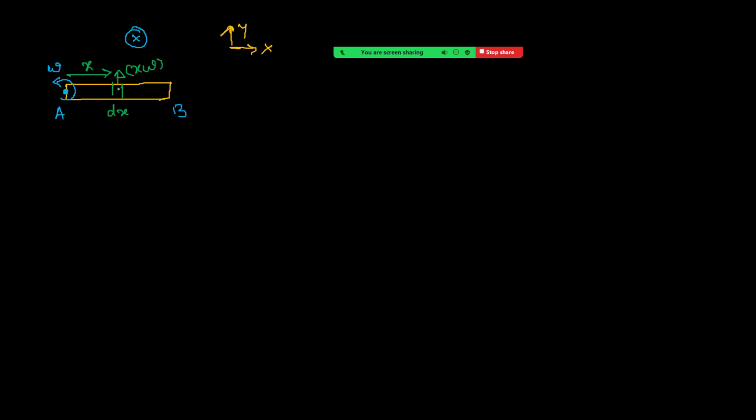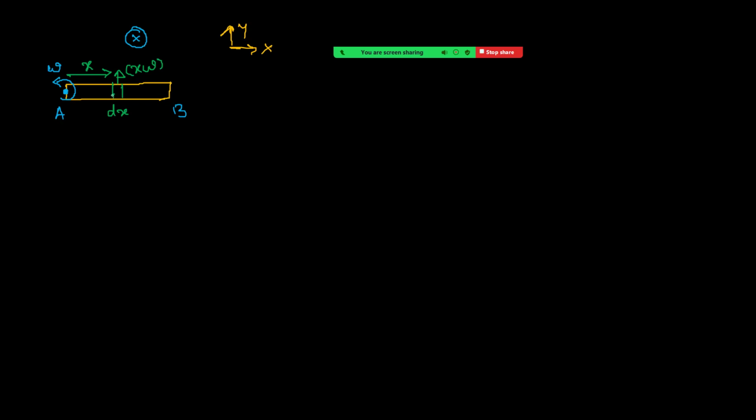Wait. We are taking rotation about the z axis, so the velocity will be along the positive y axis. It is not into the board. The direction of velocity of this element is along the positive y axis at that instant.